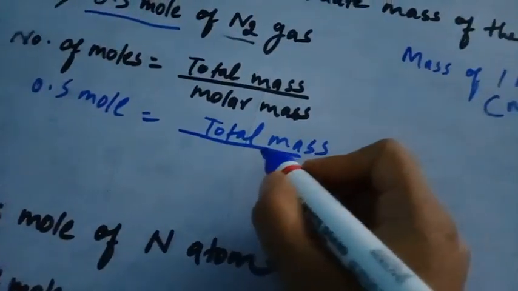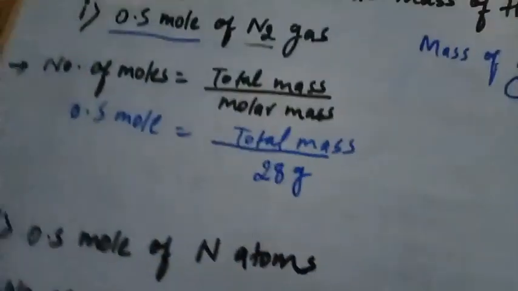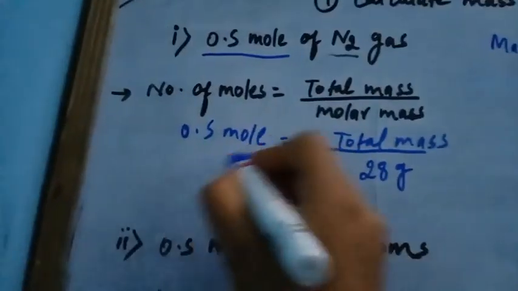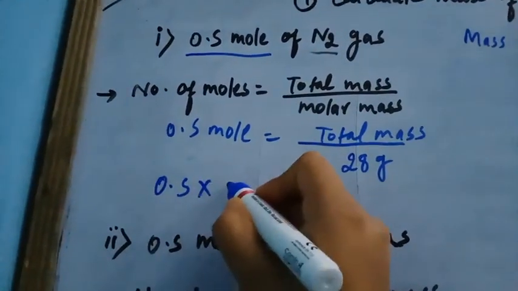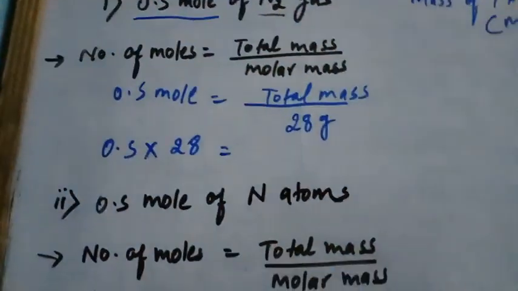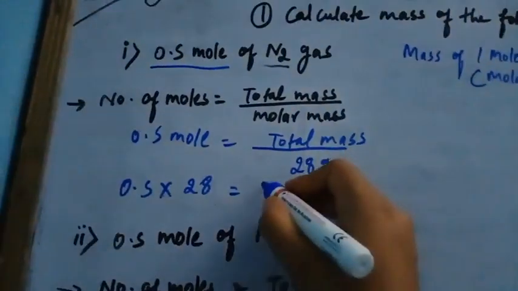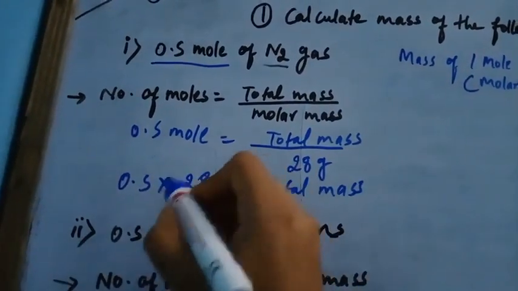So in place of molar mass we will write 28 grams. So how will we get total mass? This will go here and we will get 0.5 into 28 will be your total mass. Or 0.5 into 28, how much?